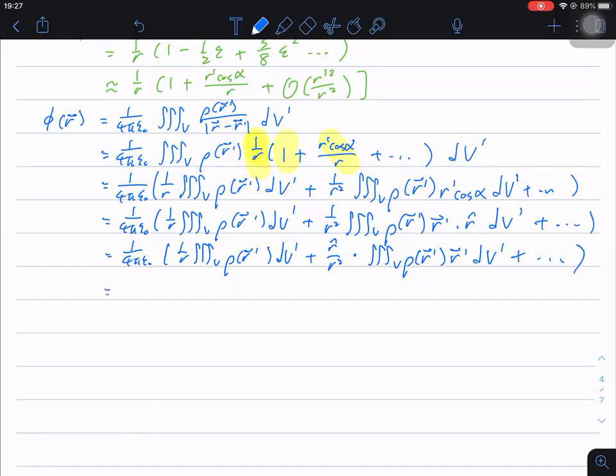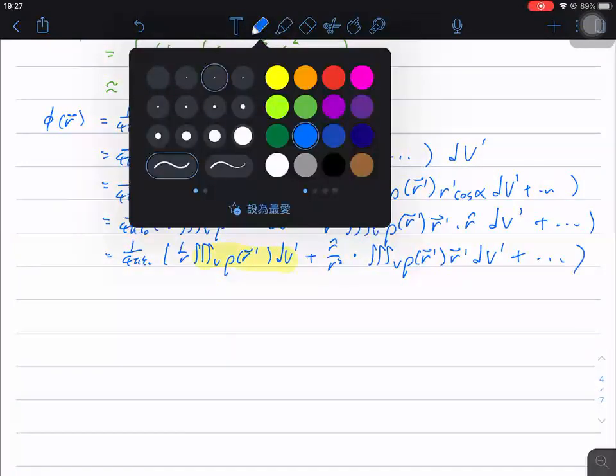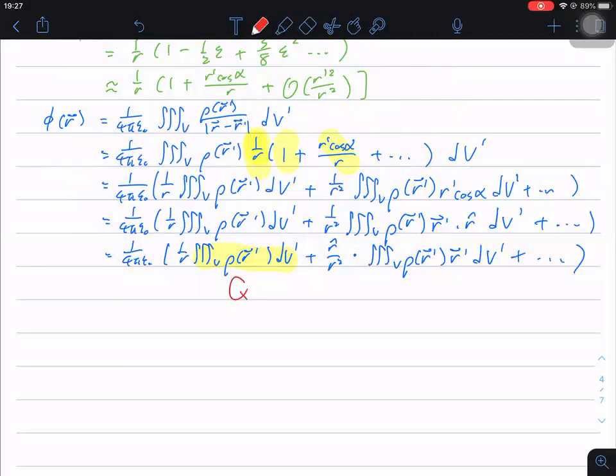Now the first term, integrating over all the charge distribution, is basically the net charge. So that's the monopole moment. And integrating the charge density multiplied by r prime is basically the dipole moment, p.